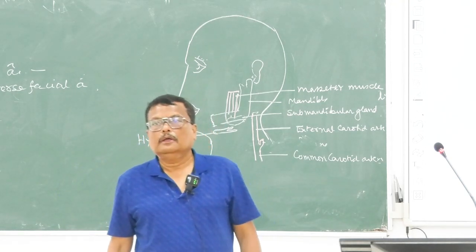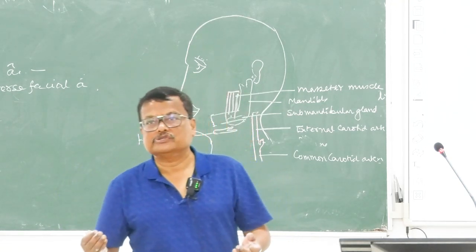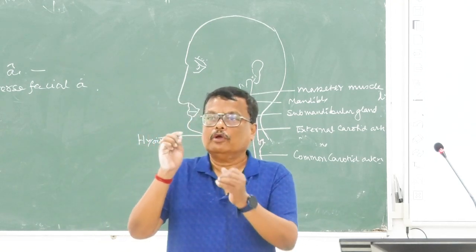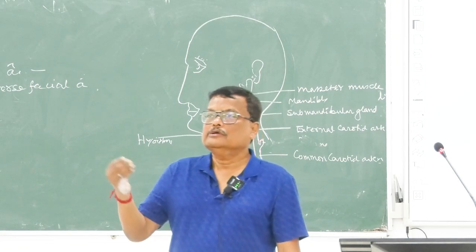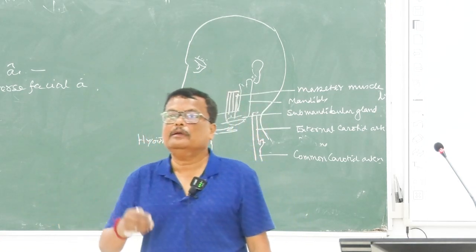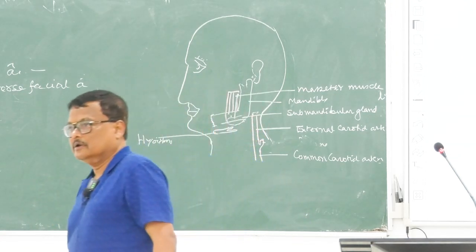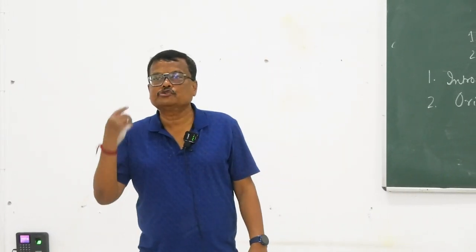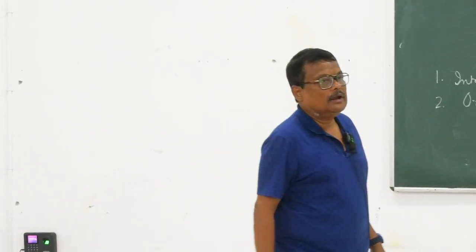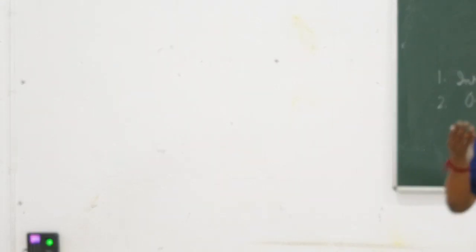So external carotid artery gives branches: some anterior branches, some posterior branches, some medial branches. From the medial branch, for example, ascending pharyngeal artery. Anterior branches are the lingual artery, facial artery, and superior thyroid artery. And posterior branches are the occipital artery and posterior auricular artery.